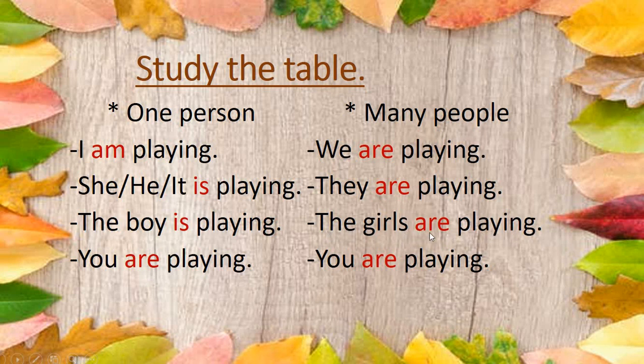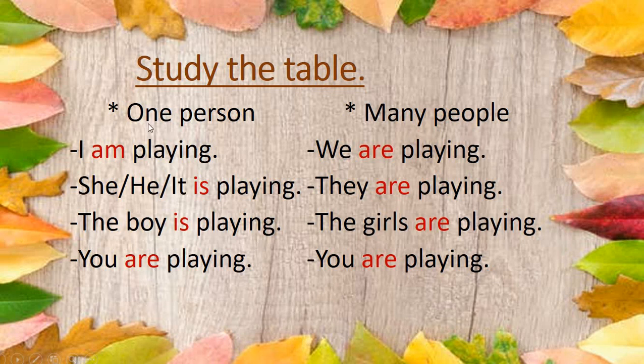Now you are playing. If one boy is in front of us, we are talking about one person, we can tell you are playing. If there is more than one person playing, we can tell you all, you are playing. Okay, children?